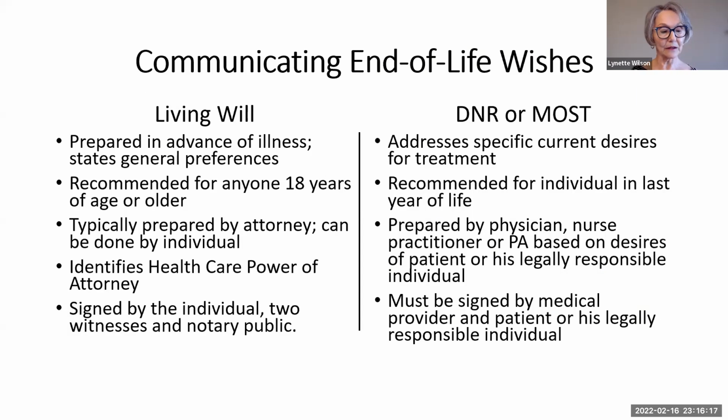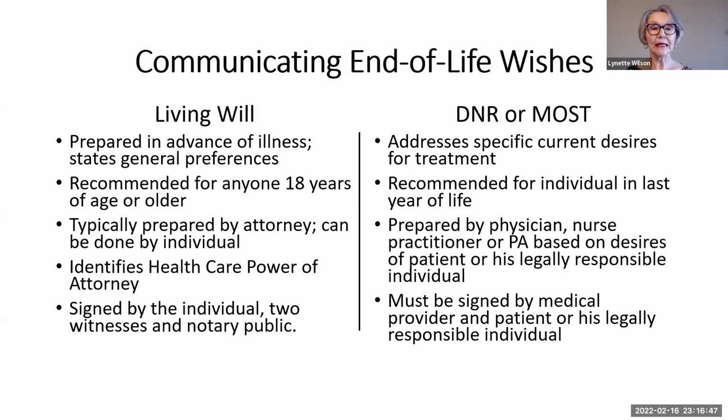Let's talk about, to start with, a little bit of the difference between living wills and the DNR and MOST forms. Living wills are typically, as I said, prepared in advance of an illness, and it states one's general preferences about what they would like done. In other words, their wishes for what might happen at end of life for them.